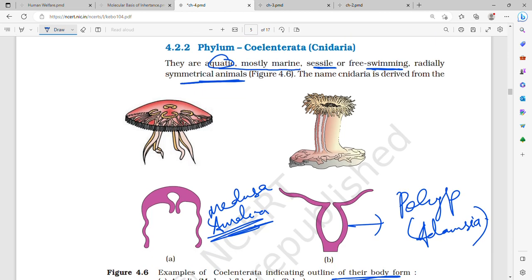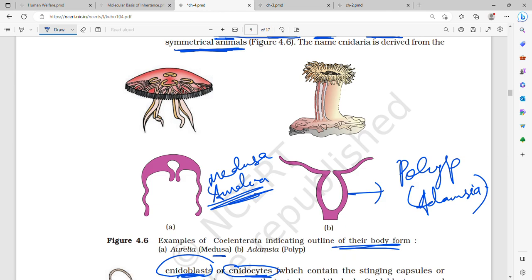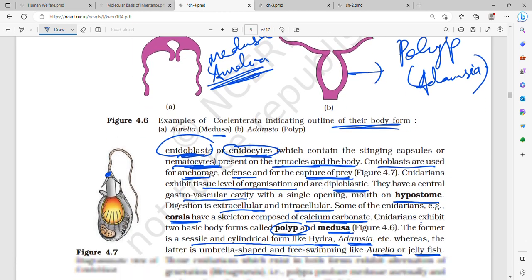So Coelenterata, also called Cnidaria, are aquatic, mostly marine, sessile or free swimming, that is at one place, or they can also be free swimming. They are radially symmetrical animals. In any plane, if you pass through the central axis, you will get two equal halves.